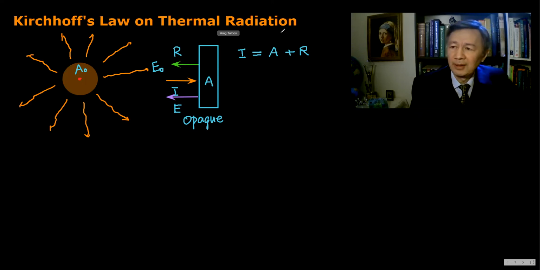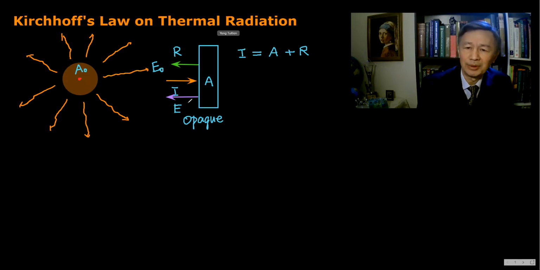In physics, many studies were done in the 19th century to establish the relation between absorption and emission. Kirchhoff's Law is one of them. In short, in terms of the power relation, Kirchhoff's Law in this case can simply be written as: the absorption is equal to the emission for the opaque object.